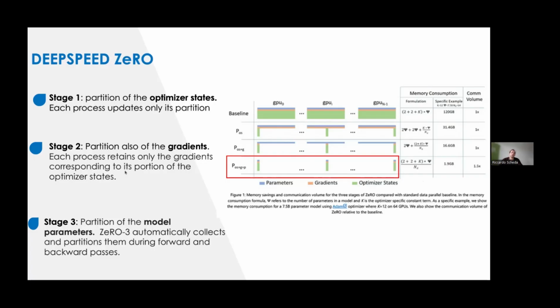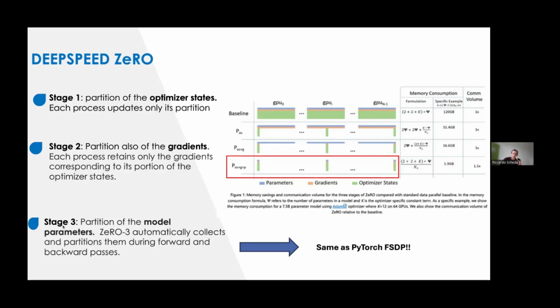Then, if we do not have so many resources, we have to split both the gradients and the optimizer state using stage two. But then, if again we do not have enough resources, we are obliged to use stage three and split also the parameters of the model. So it always depends on the situation that you are in.